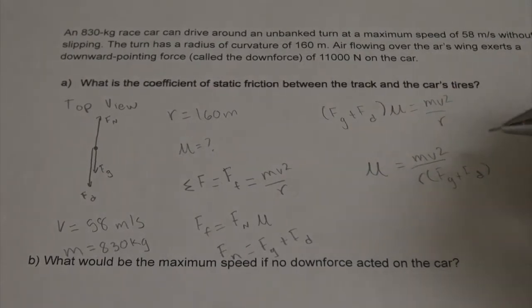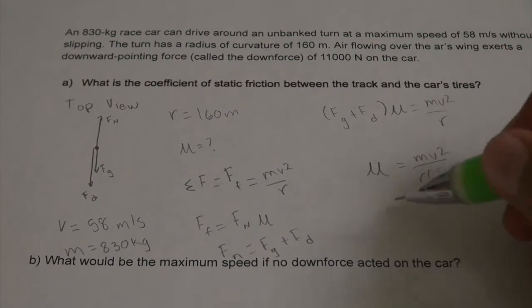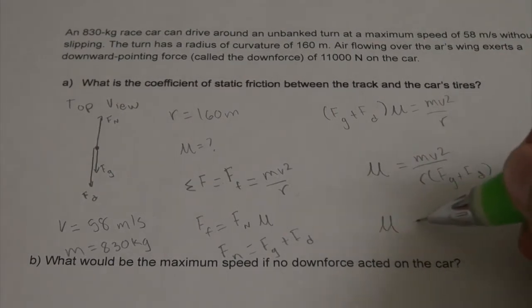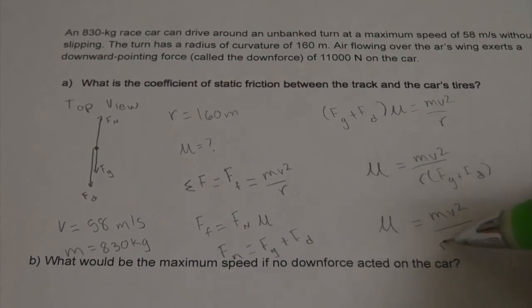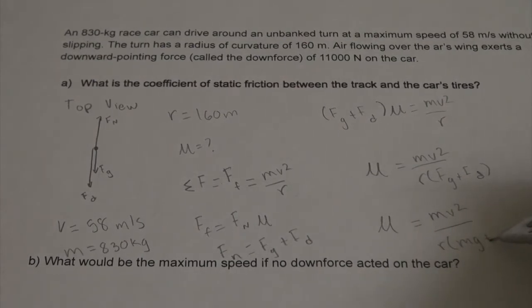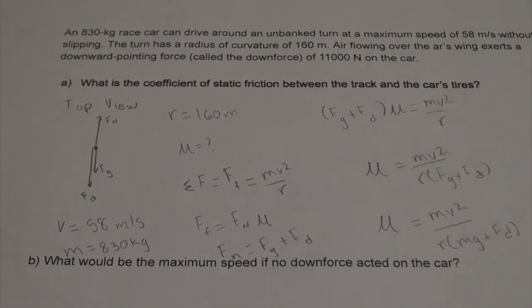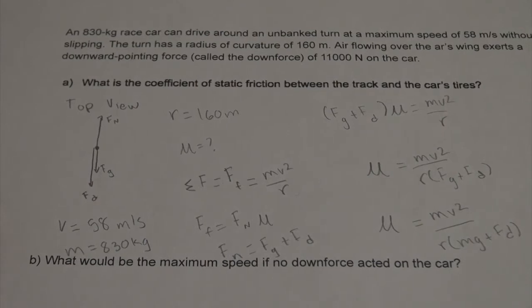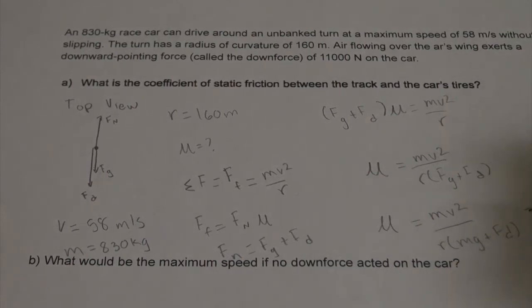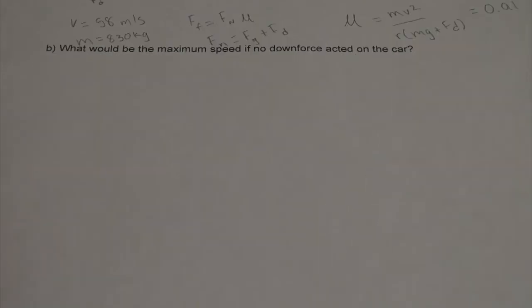Another way to state Fg is mg. When we plug in all the respective values for each of the variables in the problem, we get the coefficient of friction as 0.91. Let us now continue on to part B.